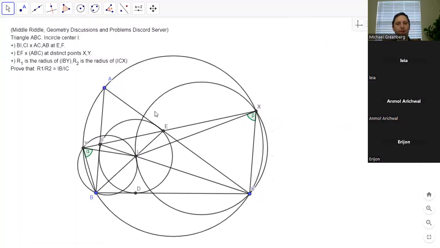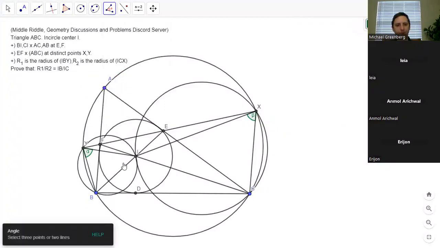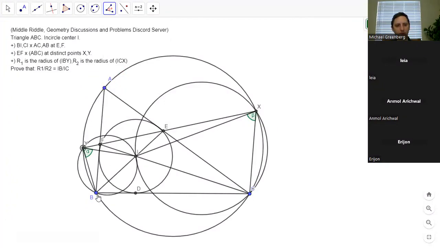But those triangles aren't similar necessarily, I don't think. So IBY and XCI. They're not similar triangles, but we want to show those angles are equal.